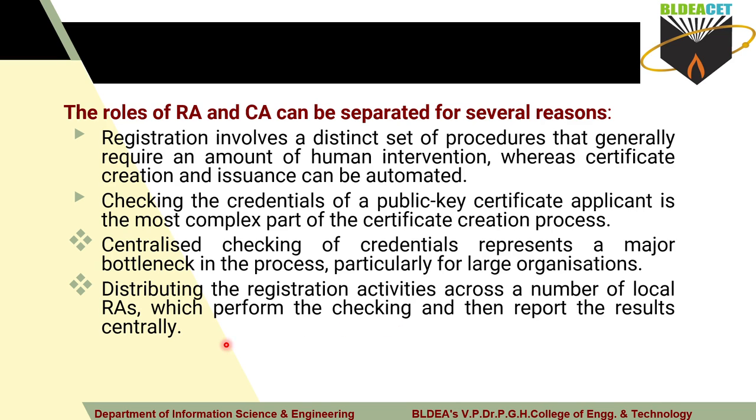Once it is proved that the identification of the applicant is okay and this applicant is an authorized user, it is transferred to the CA, and the CA will create a public key certificate.